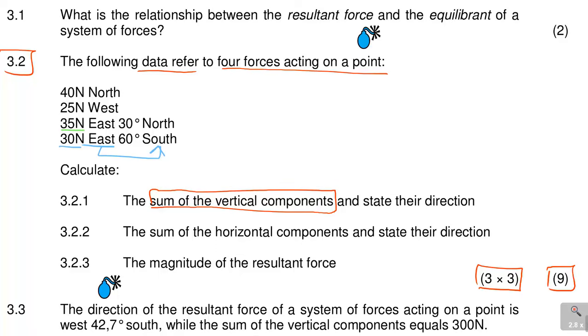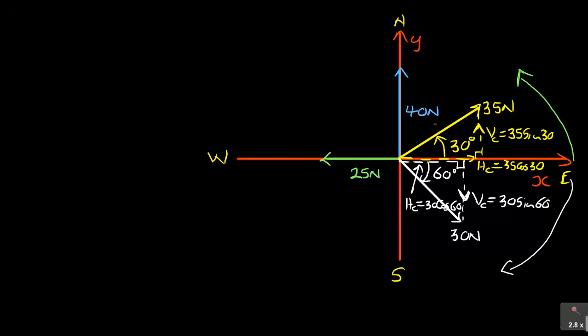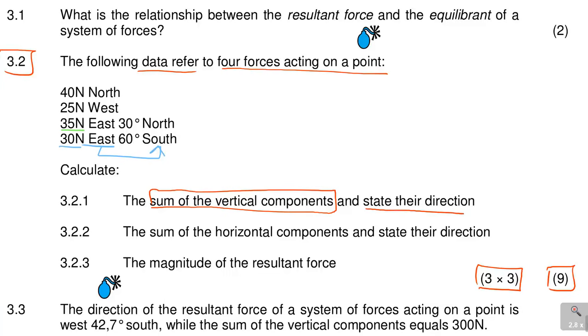When they talk about the sum of the vertical components, we can say right hand side is positive, left hand side negative, up is positive, down is negative. It's very important to state your direction, so that you'll be able to answer the second question, which says state their direction.